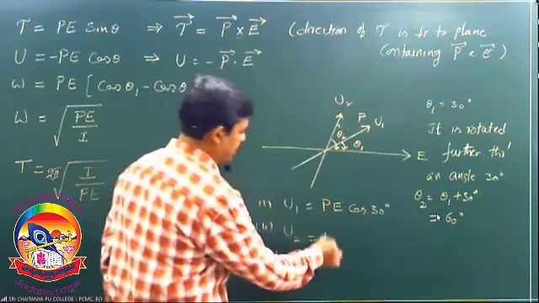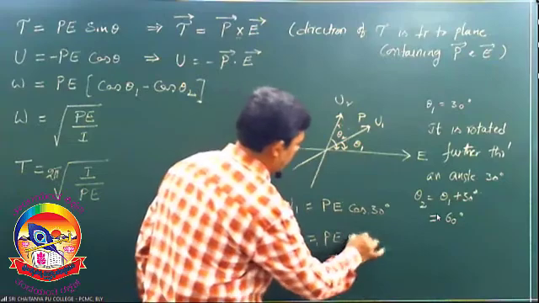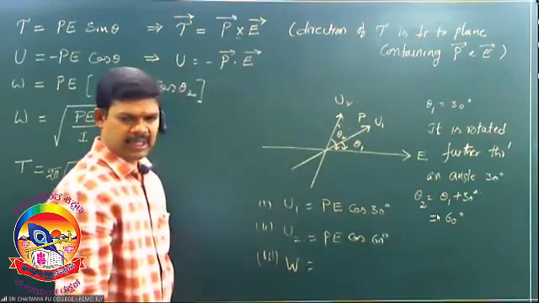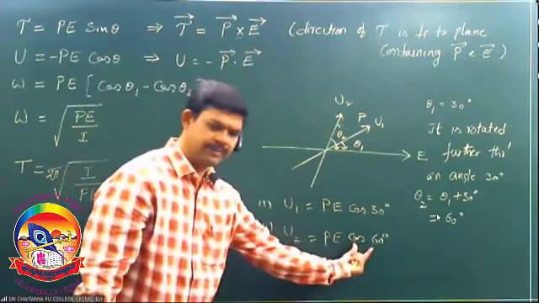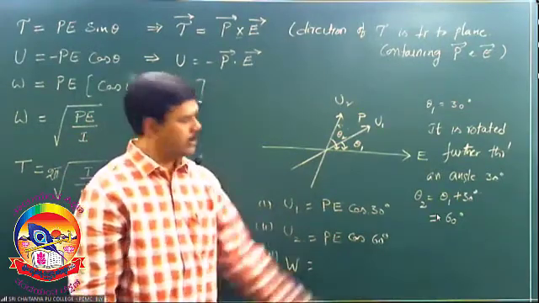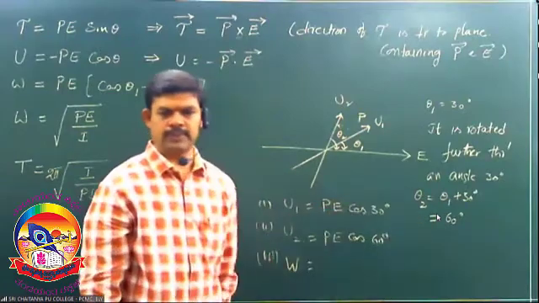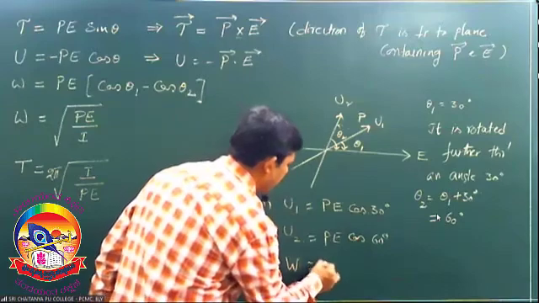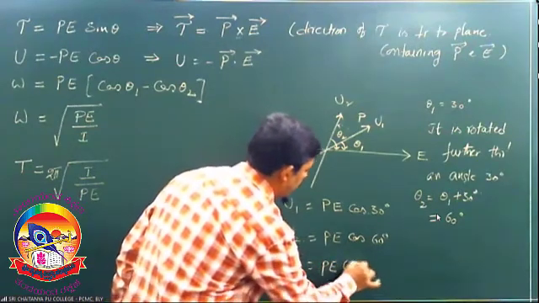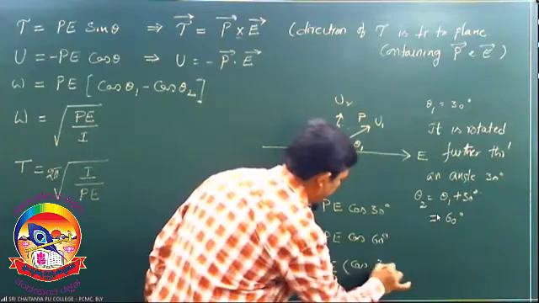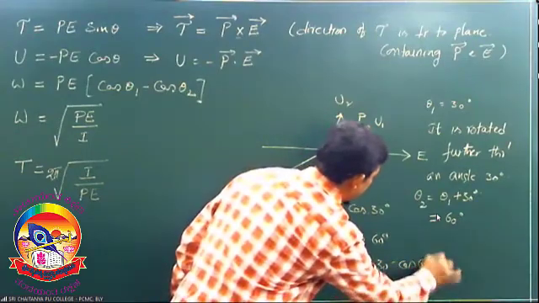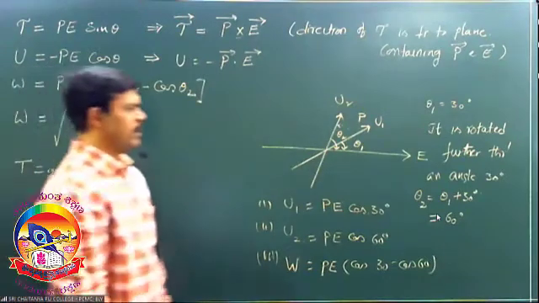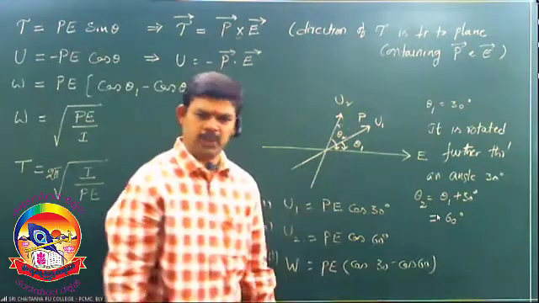At the second position, minus PE cos theta 2. Here theta 2 is 60. Generally, we commit a mistake here, taking this theta 2. Work done is PE (cos 30 minus cos 60), like this. See, one important problem it is.